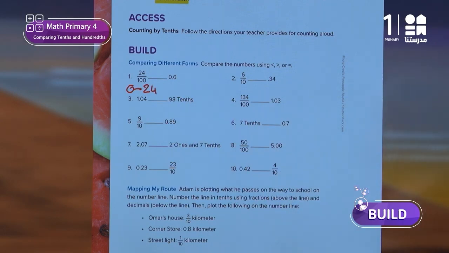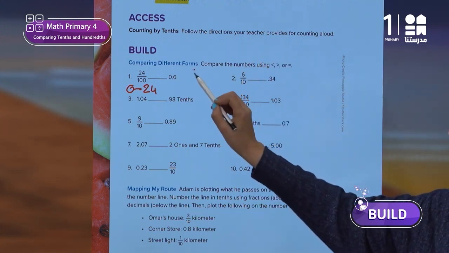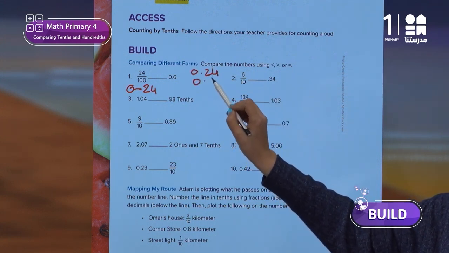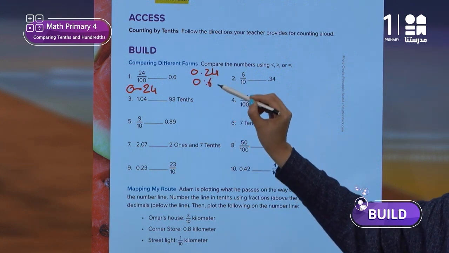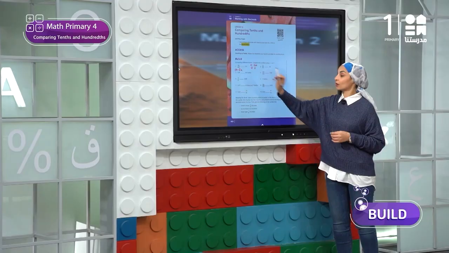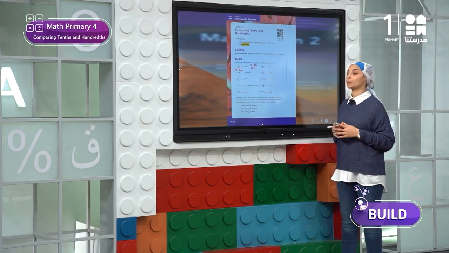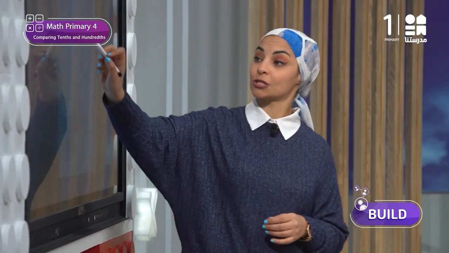Then what should I do? I will write them under each other. يبقى هكتب 0.24 وتحتها على طول 0.6. لازم البوينت تبقى under البوينت، الوانس under the ones، tenth under the tenth. Okay. طيب as you can see there are no whole numbers. The whole numbers are 0. يبقى هبدأ to compare between the tenths place. أول decimal عندي 2 tenths.